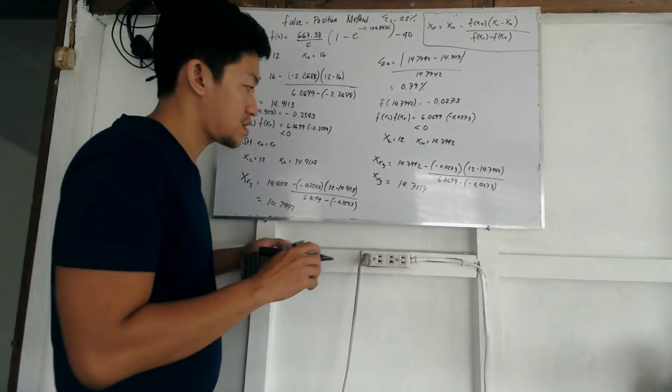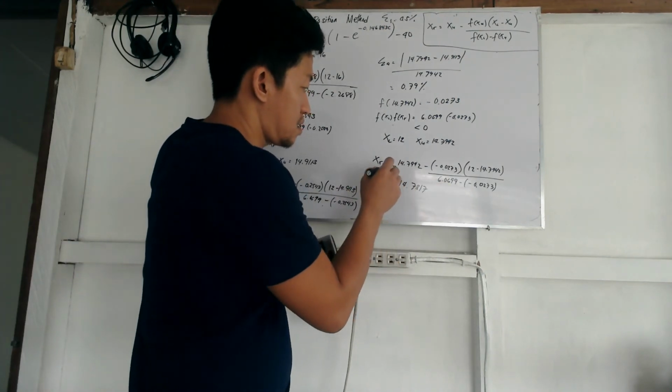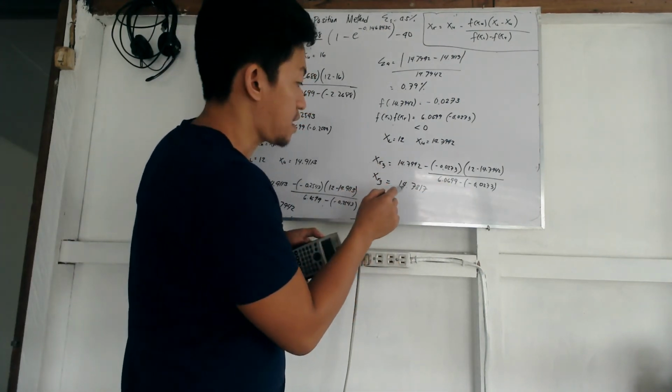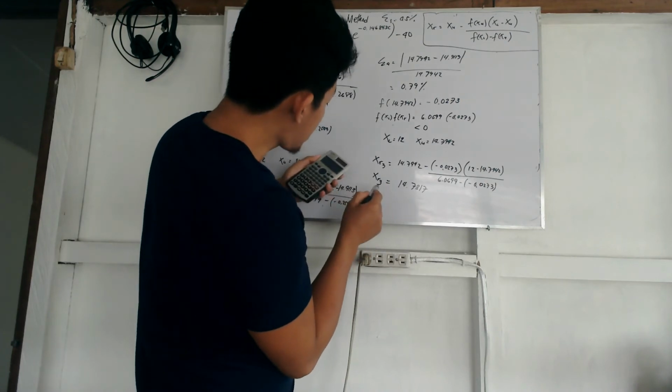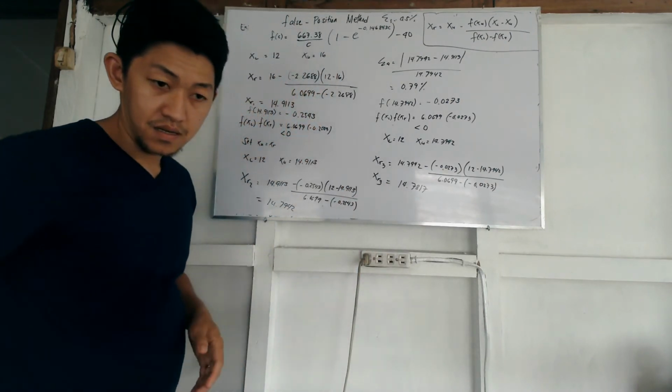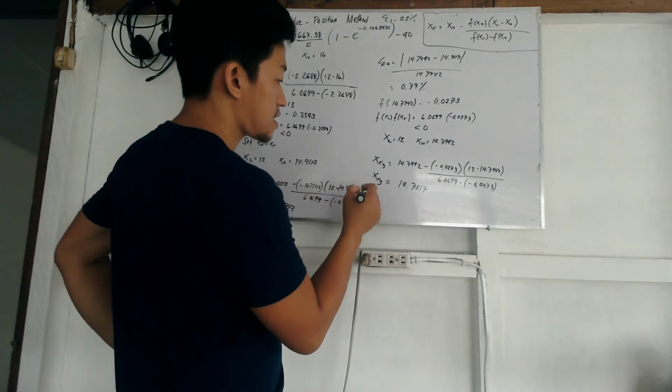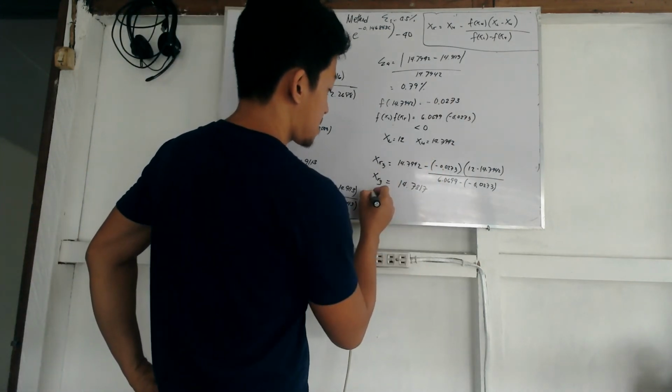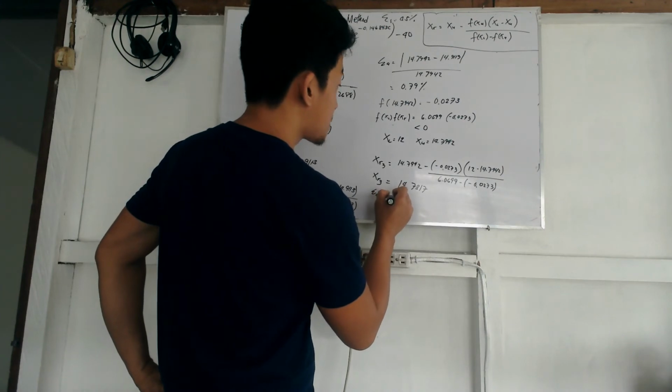Okay, so XR3 will be 14.7817. So again, the next step is to calculate the error.